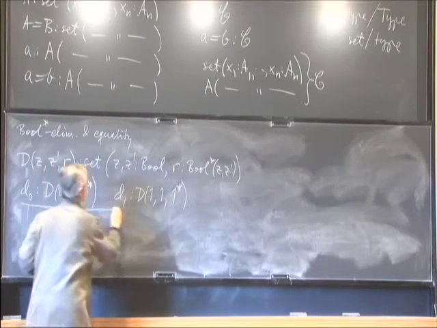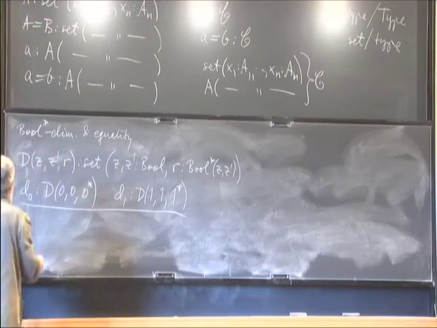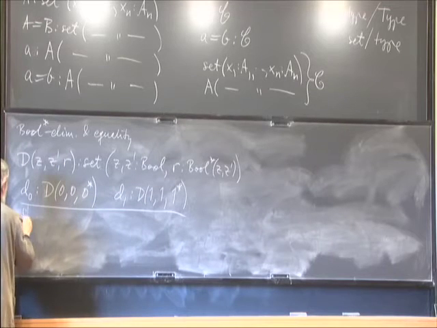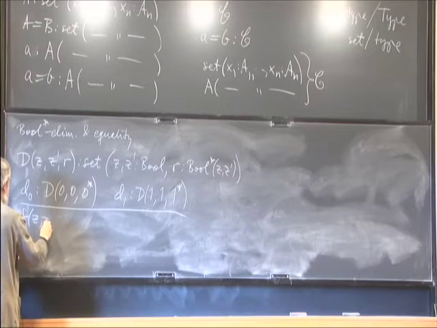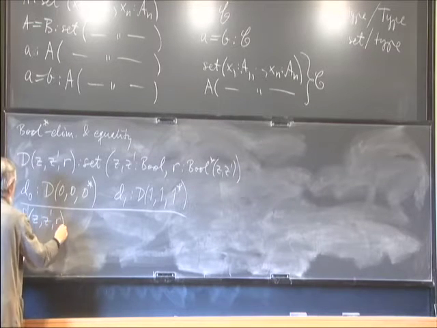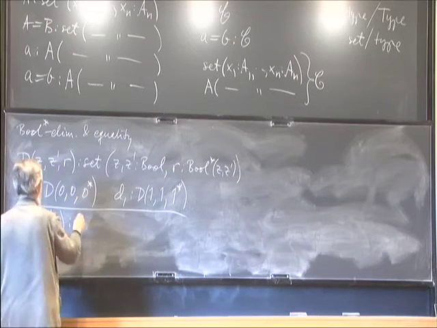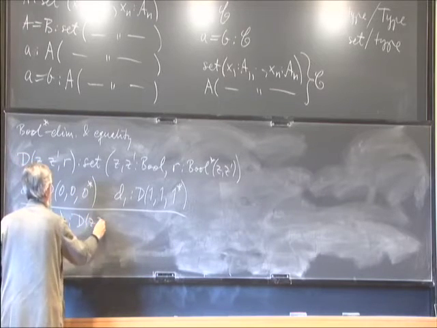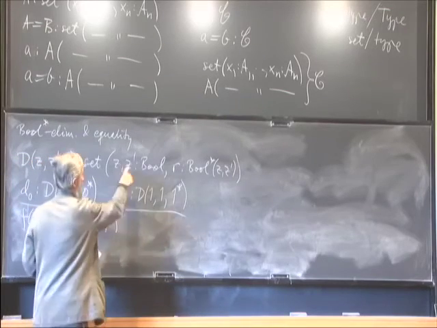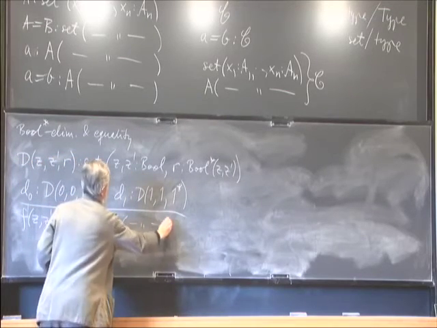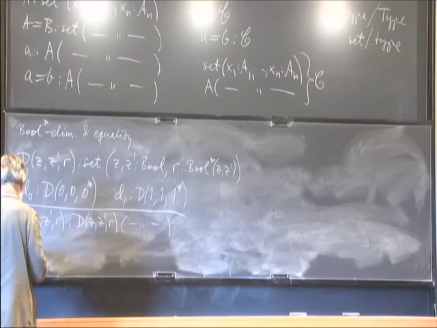And then the elimination rule says that we may introduce a function f of Z, Z prime, R, say, with values in D Z Z prime R, with the same as there.